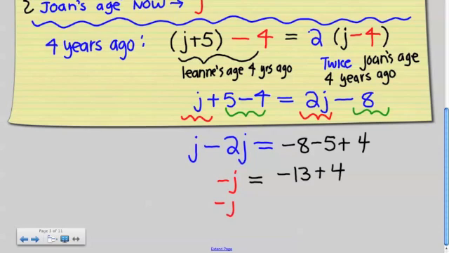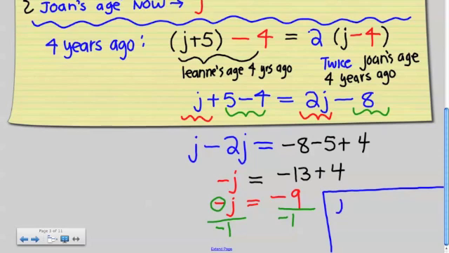So don't be worried that Joan's age is a negative number right now, because when you simplify the right-hand side, you get negative 9. So what do I have to do to get rid of this negative in front of the J? Anyone tell me? Avinash, what do you think? Divided by negative 1. So that tells me that Joan's age is equal to positive 9.